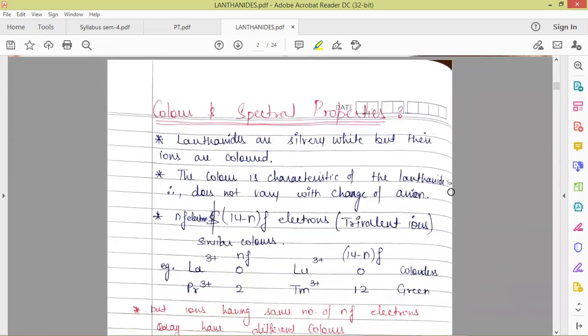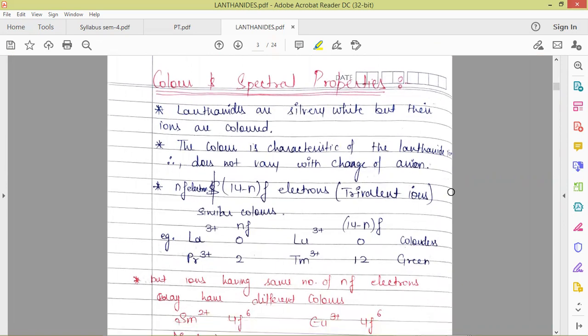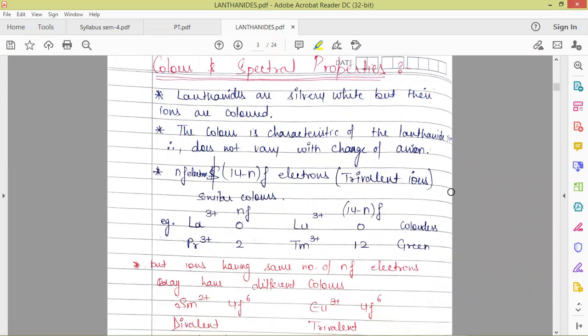Next we have color and spectral properties. Lanthanides are silvery white, that is, they are very feebly colored, or almost white, but their ions are colored. The color is characteristic of lanthanide ions and does not vary with change of anion.